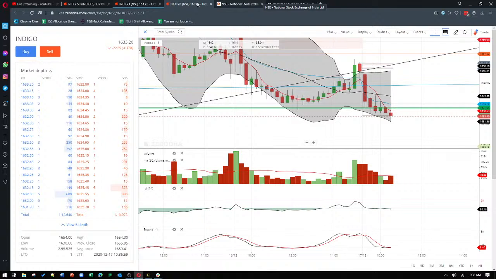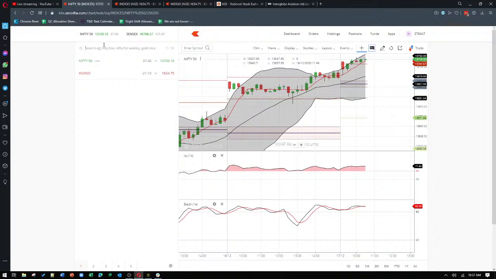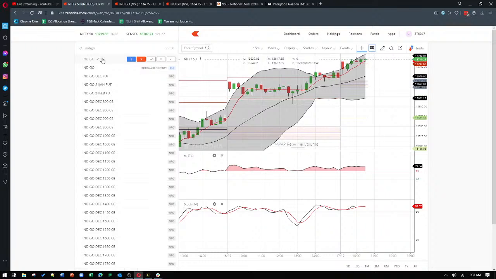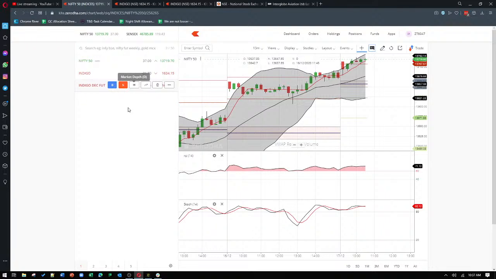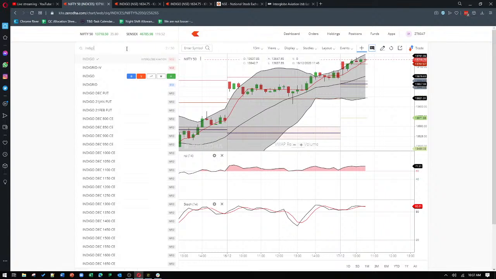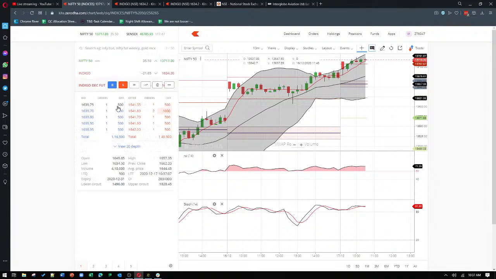So if I put Indigo on the future, one lot is 500. So what I'm going to do is, once I have enough money in hand where I can take this volume.